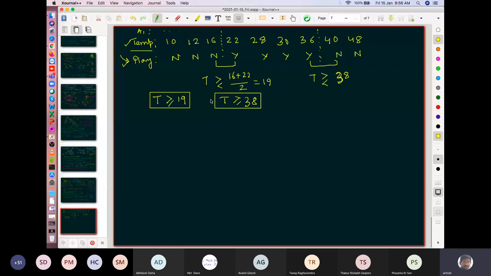This is how we handle continuous valued variables: we discretize the intervals where we get a change between no and yes, those are my boundaries. There we can split, depending on the information gain.